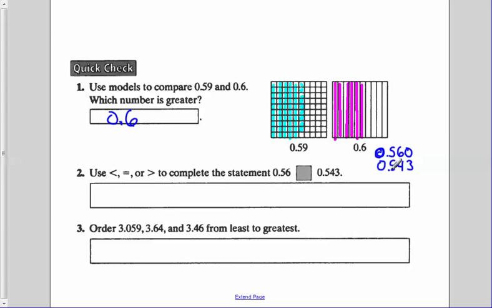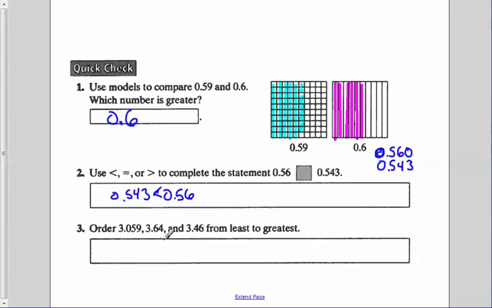Well, they're both 5, so I can't compare yet, so I need to look to my hundredths. And I have 4 and 6. Well, 4 is less than 6, so that must mean that 0 and 543 thousandths is less than 0 and 56, or 543 thousandths is less than 56 hundredths.